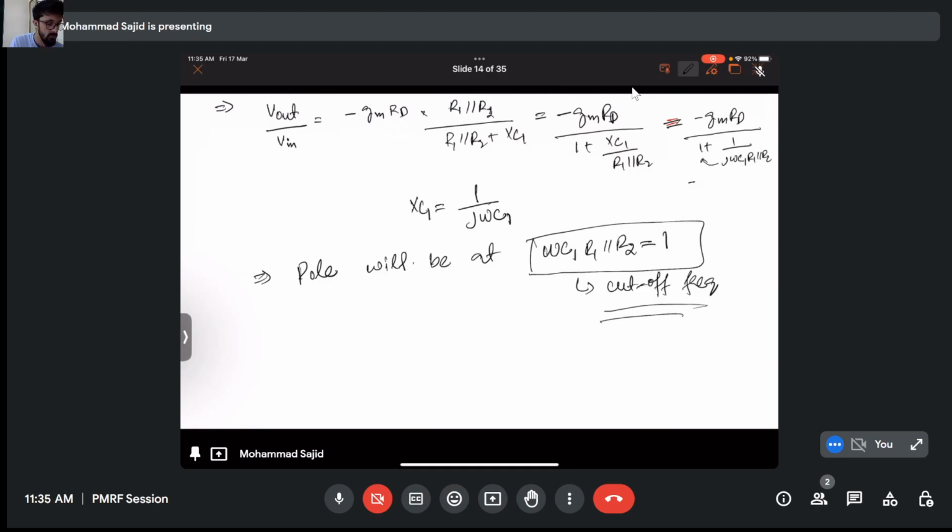Okay, now we will get C1 as 1 divided by omega times R1 parallel R2. Now what is R1 parallel R2? That is 60k into 20k divided by 80k. We actually calculated it, it comes out to be 15K.